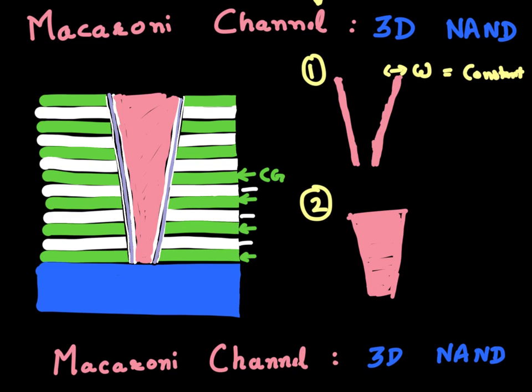So what you notice in this case is that the width of this plug is not constant from the top to the bottom, and that's just because the hole that we were initially filling into had this profile where it was wider on the top and more narrower on the bottom. As a result of this, the width of this channel is also much bigger on the top and smaller at the bottom.